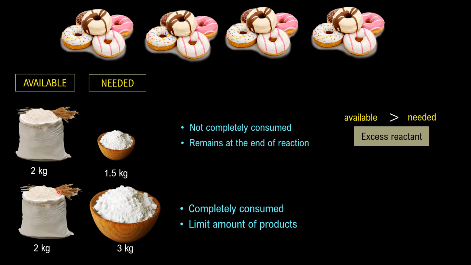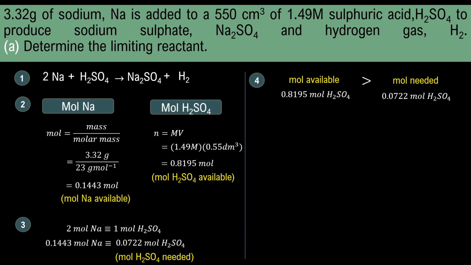So, jadi tepung kita yang dekat dapur ni dikira sebagai limiting reactant sebab dia habis guna dan tak ada baki lagi dah. So, konsepnya kalaulah mole available yang kita ada ni lebih kecil nilainya daripada yang kita perlukan, mole needed, so reactant tersebut dikira sebagai limiting reactant.